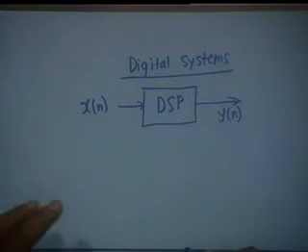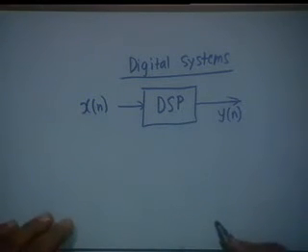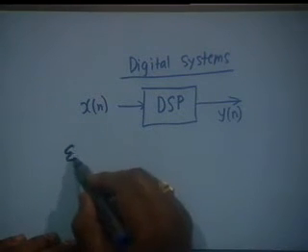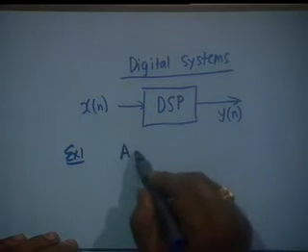Before we go into the formal characterization of digital systems, let us take a few examples. The first example that we take is an accumulator.